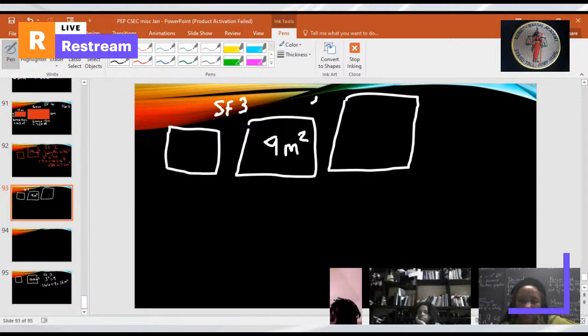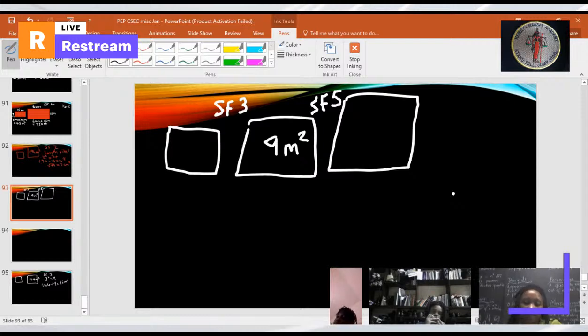And the scale factor here is 5. So I want you to tell me the area of the smallest and the biggest squares.